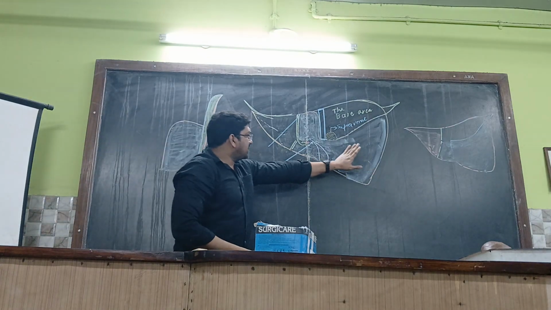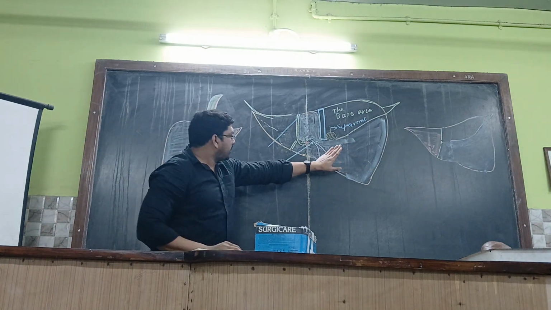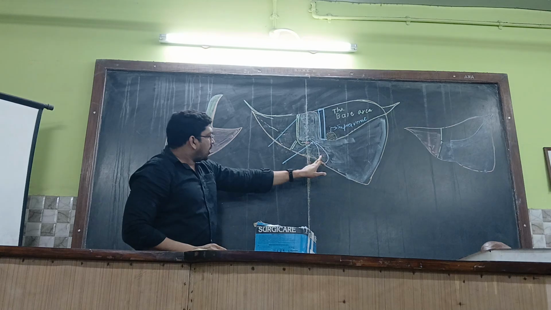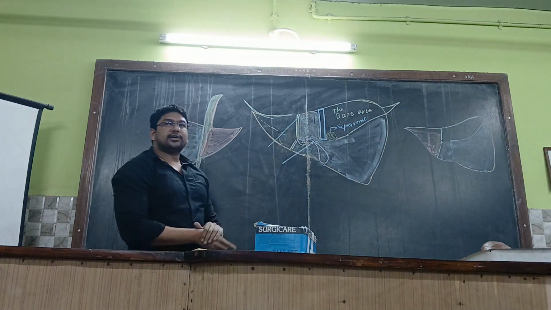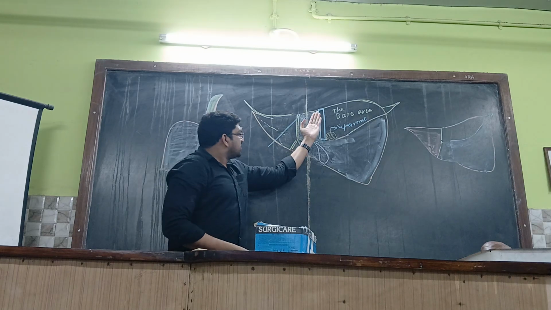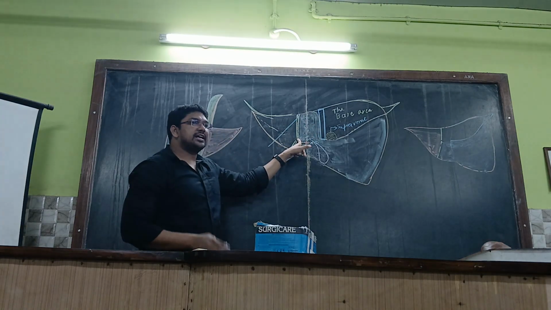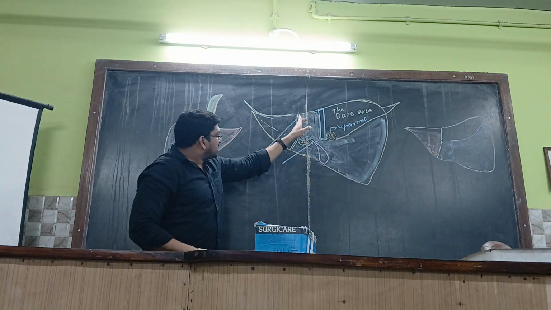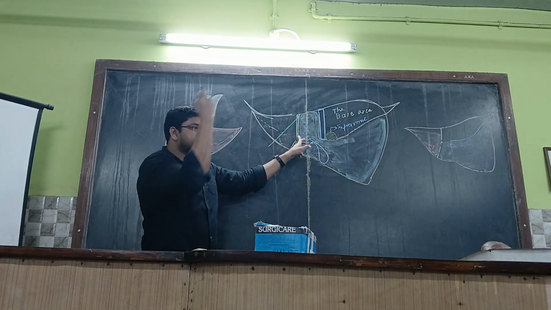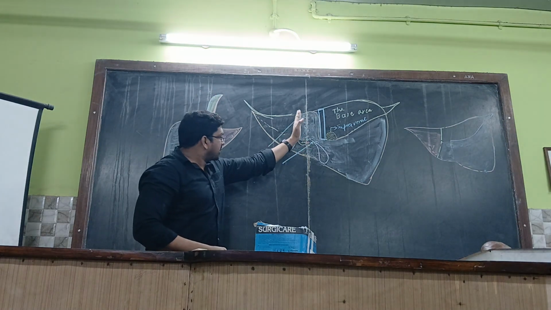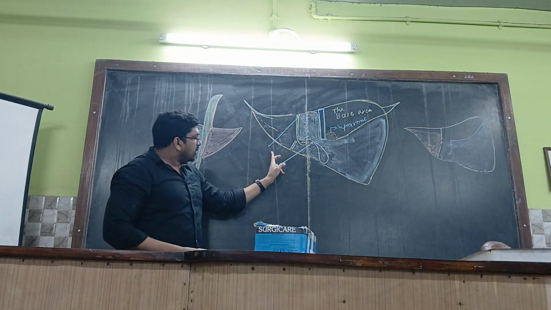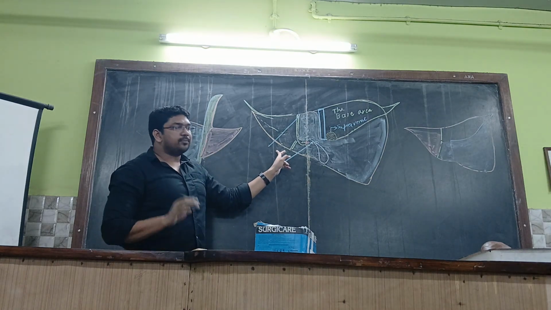So this is a blue color, nothing but the right layer of the falciform ligament going horizontally over here. Not only over here, it is going horizontally above the porta hepatis and occupying the caudate lobe over here. Okay, and whenever it is reaching the fissure for ligamentum venosum, the right lip of the fissure for ligamentum venosum, it will be reflected downwards as the posterior layer of the lesser omentum over here. Could you understand?